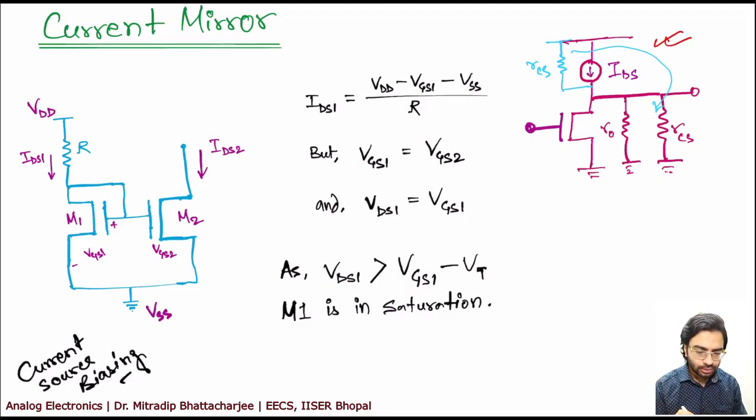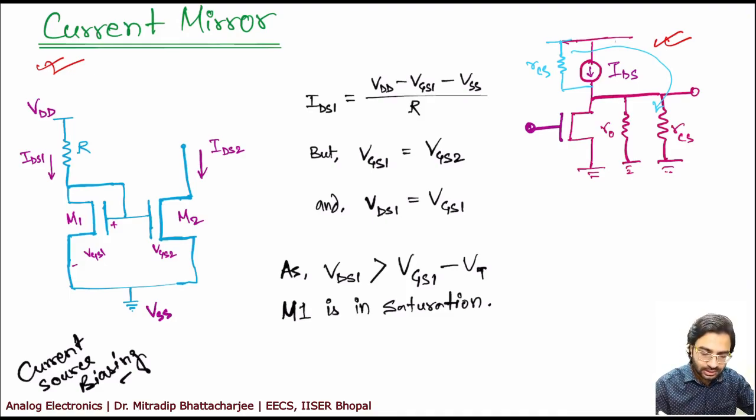Okay, and this type of circuit is known as current mirror. So I won't say this type of circuit, better to say this type of biasings. So why do we need current source biasing? What is the advantage of the same?